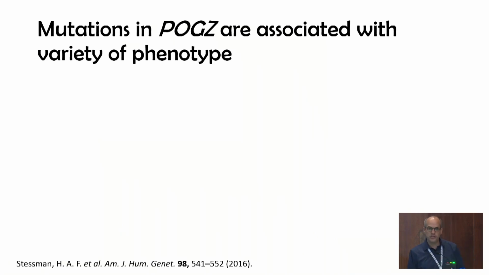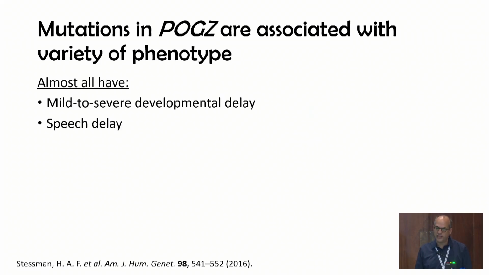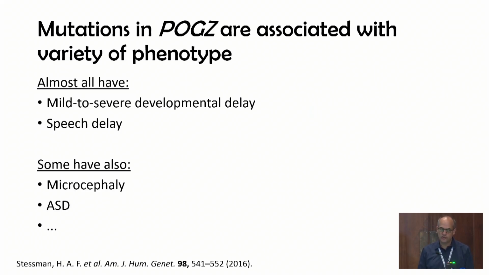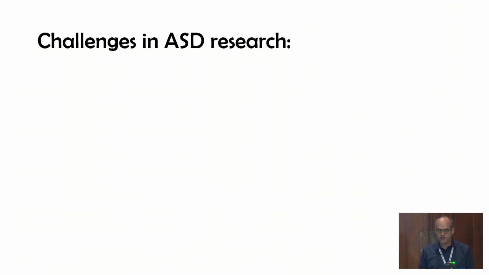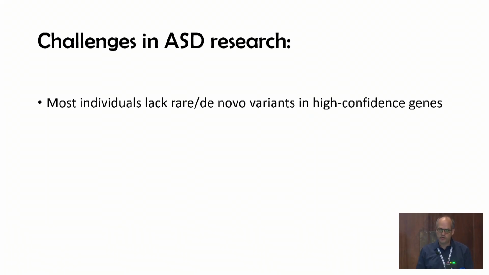People with mutations in POXZ have a variety of phenotypes, some with very complete penetrance, like developmental delay and speech delay, but there is a very large list of symptoms and phenotypes with incomplete penetrance, and this includes microcephaly and also autism.